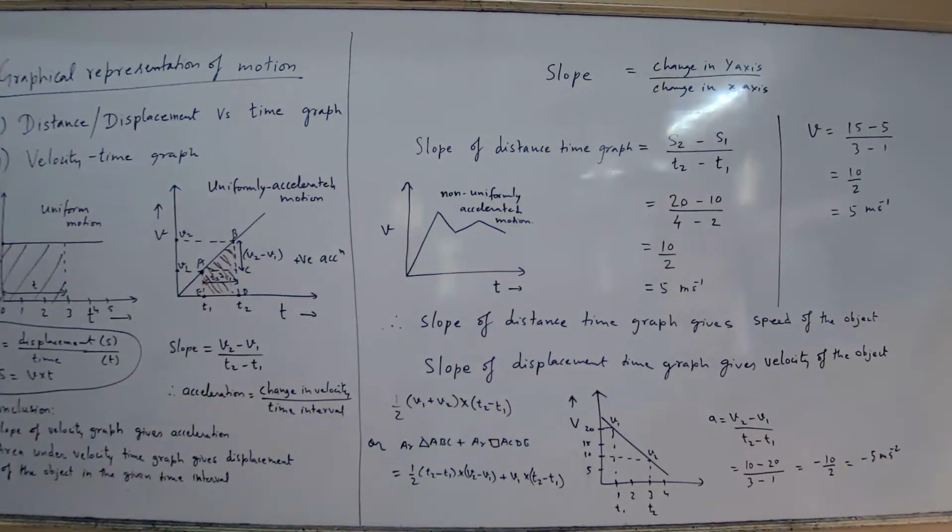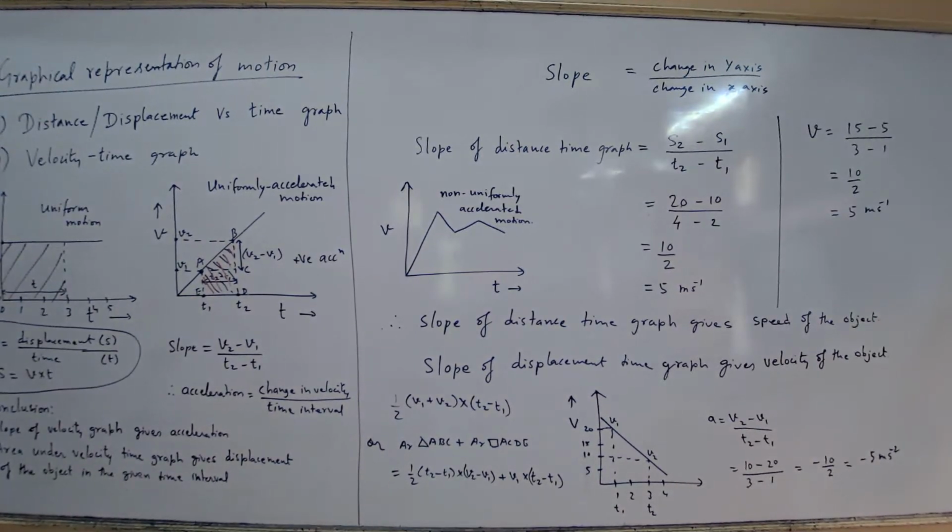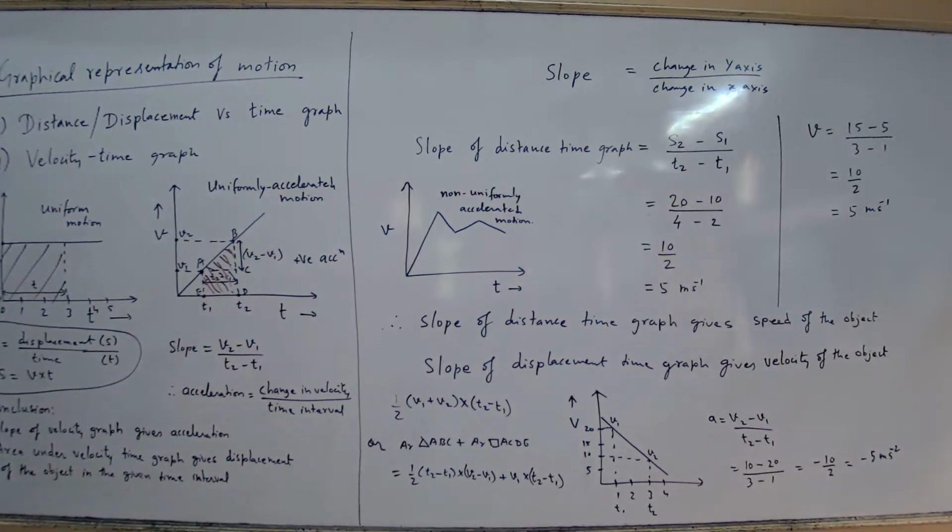Go to page 165 only. Let's discuss question 12. 11 we discussed last, right? So what is question 12? Read. What is the nature of the distance time graph for uniform and non-uniform motion of an object? For uniform motion it is a straight line, and for non-uniform motion it is a curve.